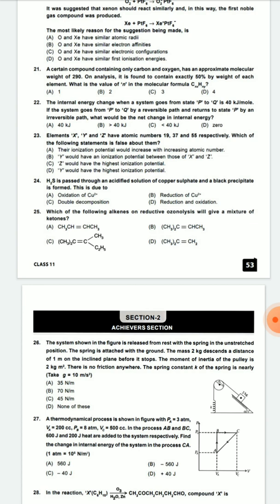Option D, (CH3)2C=CH2. So the alkene that gives a mixture of ketones is option C, (CH3)2C=C(CH3)C2H5.